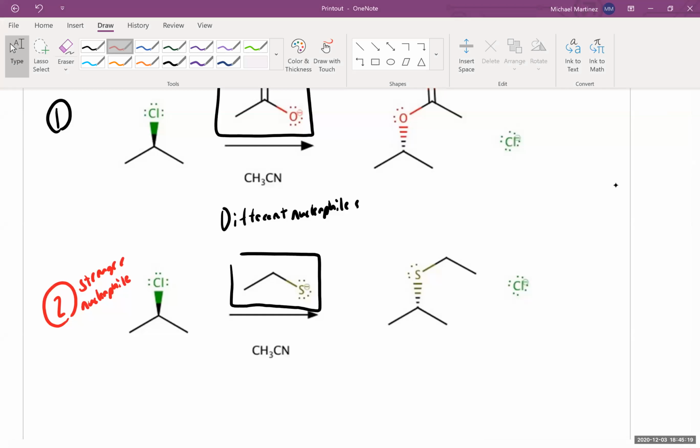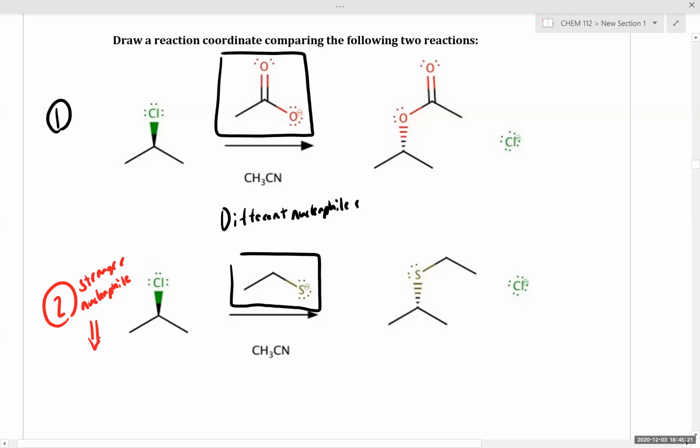So if we have a stronger nucleophile in the second pathway, is a stronger nucleophile higher or lower in energy? Stronger nucleophile, more reactive.